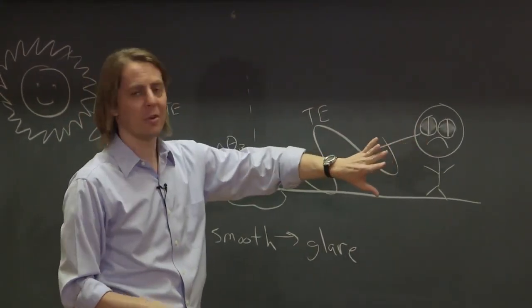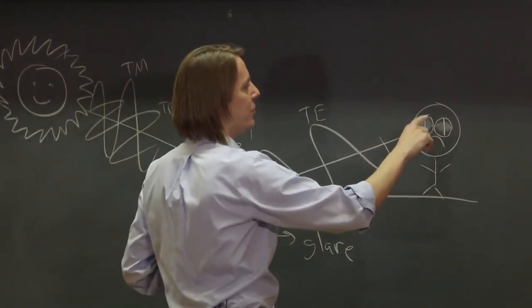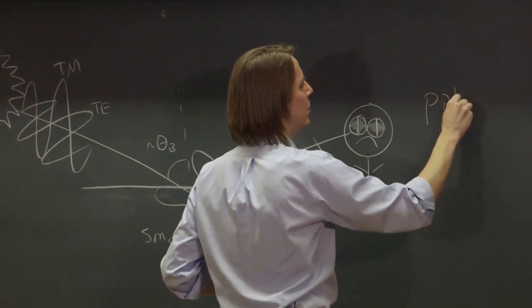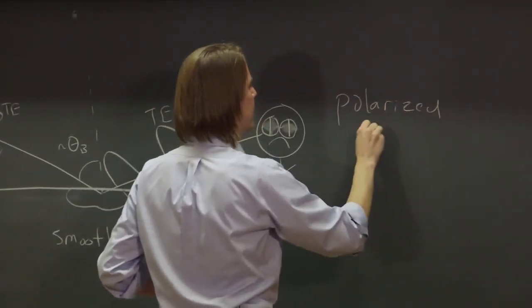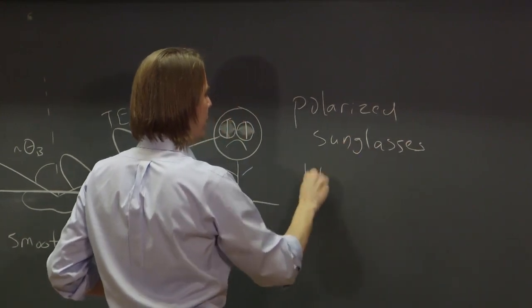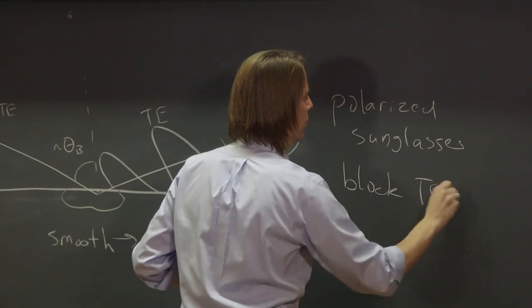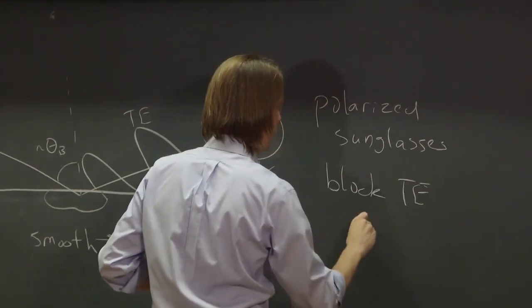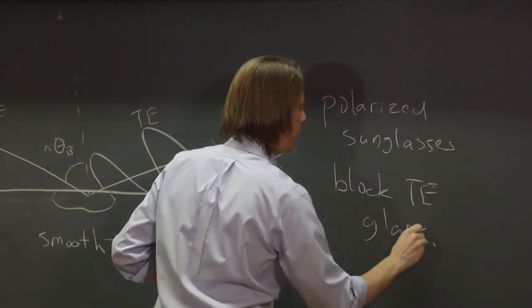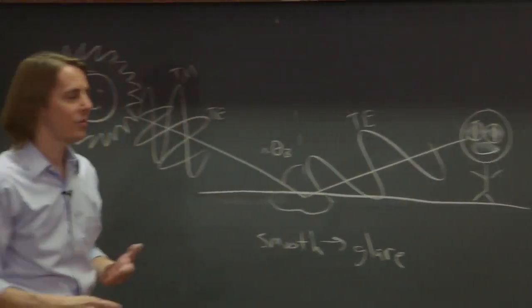That's a polarizer. We'll talk about it later, exactly how it works, but that's the idea. So basically your polarized sunglasses block the TE glare. Right? And then you're happy. Because now you don't have to see the glare.